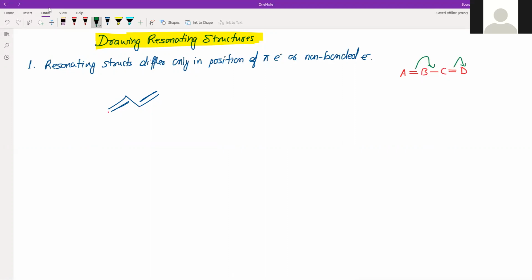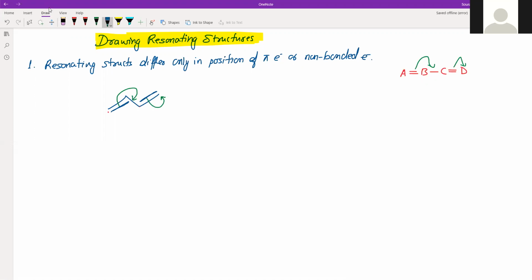Only these pi electrons are moving. This pi electron will move from here to here, I mean, this bond will be formed. This pi electron will come here, and there is another pi electron that will go from C to D.